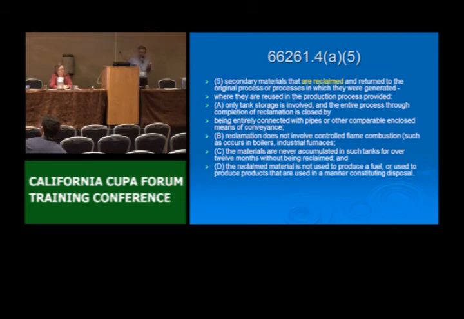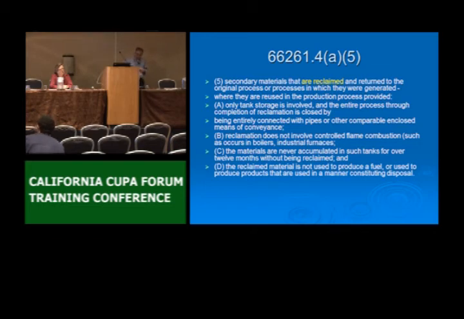But during the time that they're getting reclaimed and prior to going back into the process, they have to be stored in tanks, and the system has to be entirely connected with pipes or other comparable and closed means of conveyance. This is EPA's way of saying this better look like an industrial manufacturing process. It shouldn't look like a waste management process.